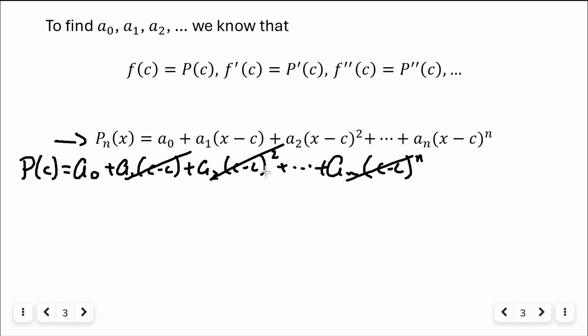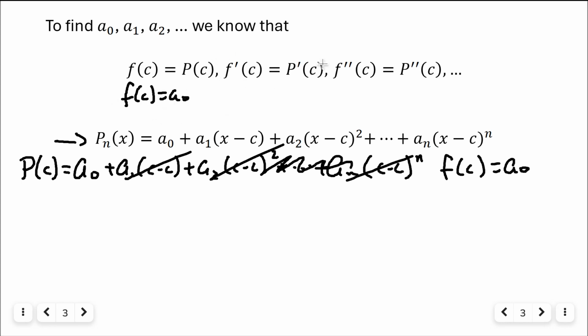They're all zeros. Everything in between here is going to drop out as well. So p of c is equal to a sub 0. But p of c is equal to f of c. So that means f of c is equal to a sub 0. Okay? So f of c is equal to a sub 0. All right, that's good. That's what we want to do.